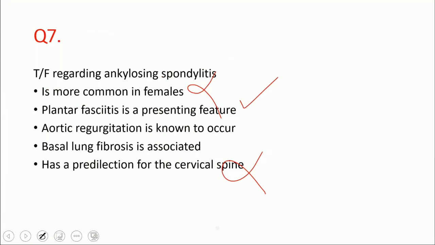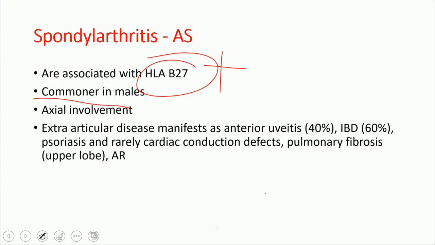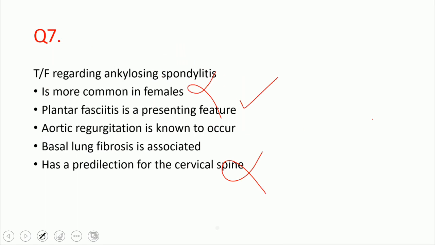Now, the final thing to remember about the clinical manifestations is that there are extra-articular manifestations. Uveitis is very common, and it can also be associated with inflammatory bowel disease. They can have lung involvement and cardiac involvement.